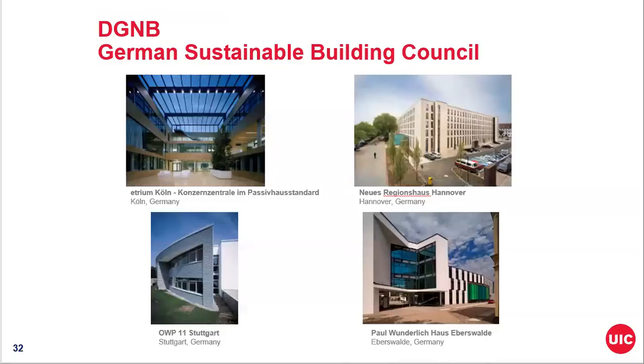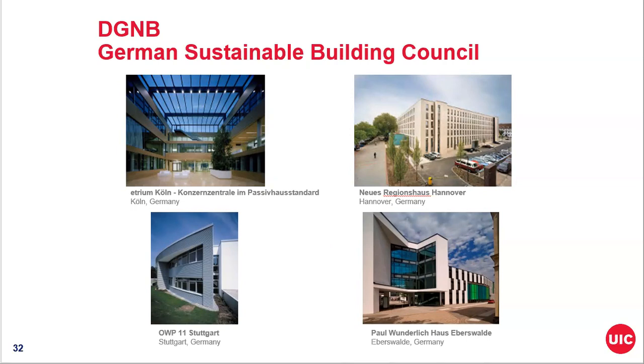Okay, so the last certification or assessment system I want to talk about is DGNB, which is German, designed by the German Sustainable Building Council. This certification system incorporates a comprehensive quality concept, which takes into consideration economics, ecology, and sociocultural aspects, basically providing a holistic view of the building's entire life cycle.